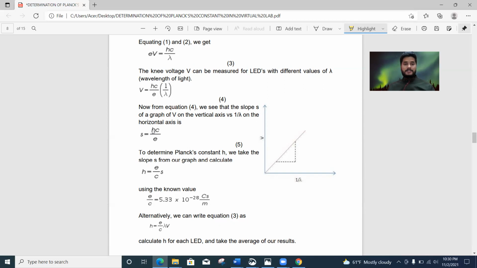After separating this value of h from this equation, we get the final equation in the form h is equal to e by c multiplied by s, where s is the slope of this line.